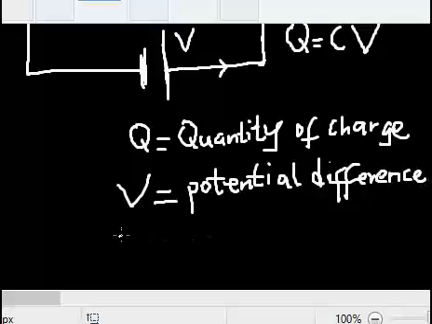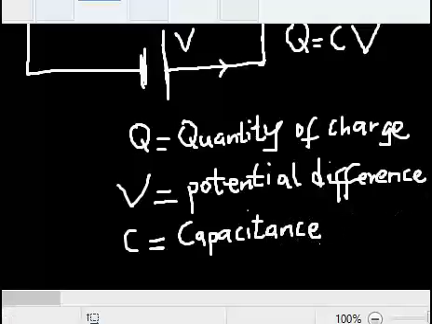Then C is a constant depending on the capacitor. That constant is what is known as the capacitance of a capacitor.